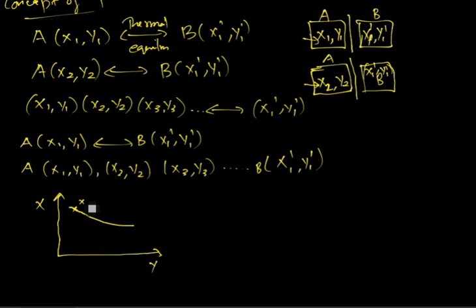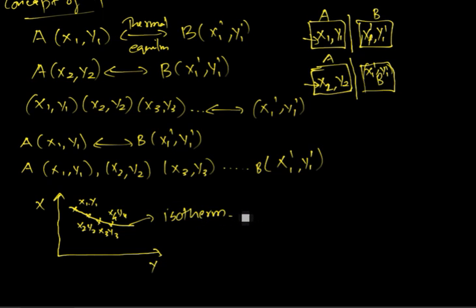Here it will be x1 y1, here it is x2 y2, x3 y3, x4 y4 and so on, and this curve is called an isotherm. So an isotherm is the locus of all points representing states in which a system is in thermal equilibrium with one state of another system.